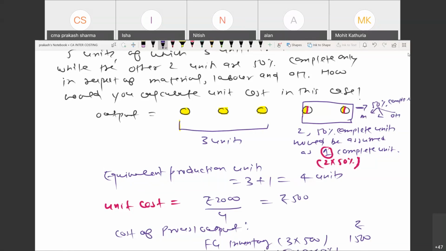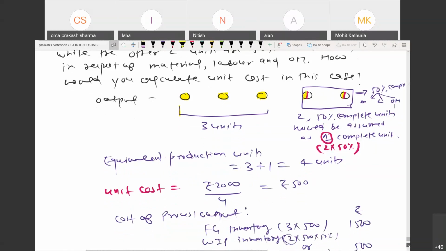So the degree of completion is equal for all elements of cost, whether it is material, labor, or overhead. But it is not the case always. Sometimes the degree of completion might differ for material, for labor, and for overhead. So there might not be a uniform degree of completion for all elements of cost.